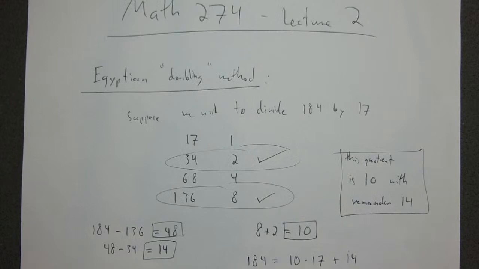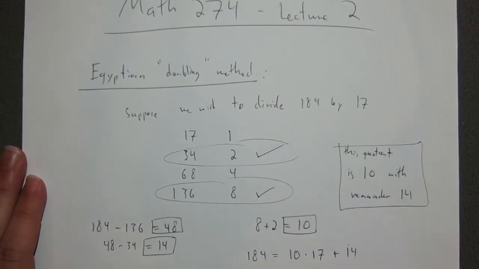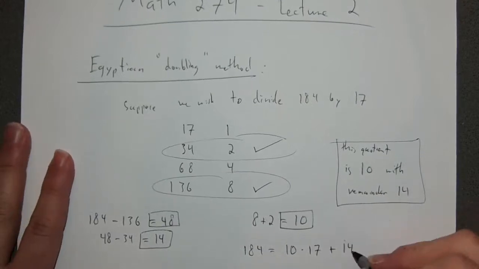And it certainly is that, but of course, dividing by 17, is there any other way of rewriting this in such a way that you have something times 17 plus something, where this is r?